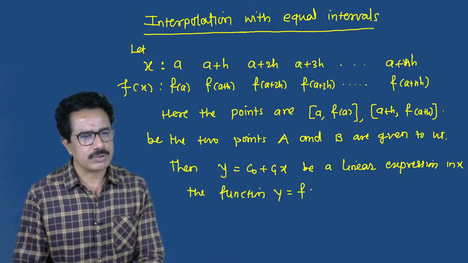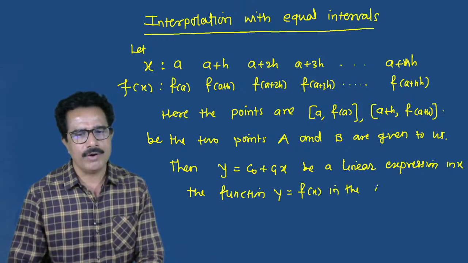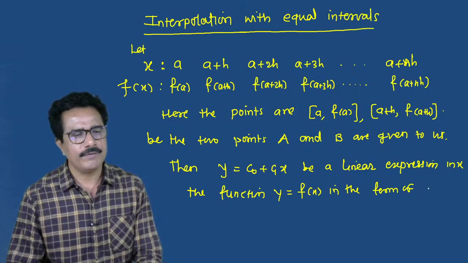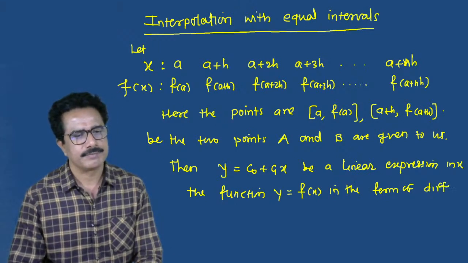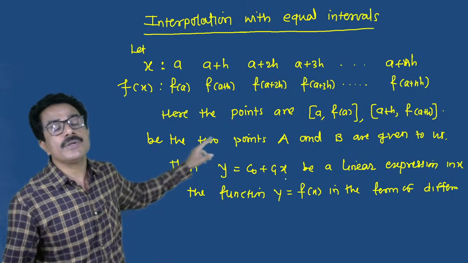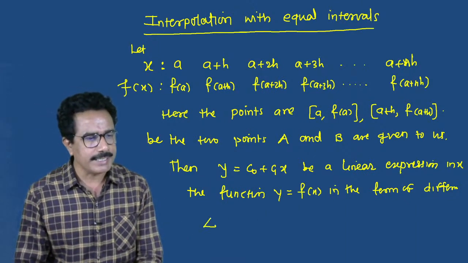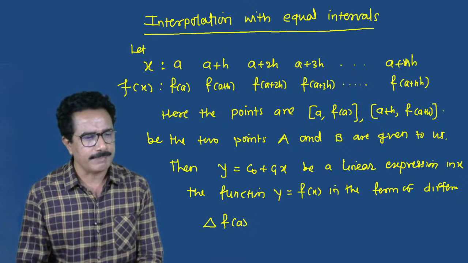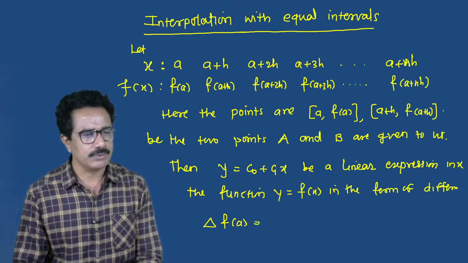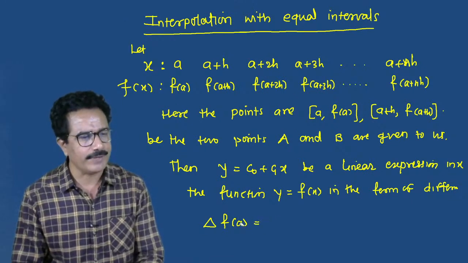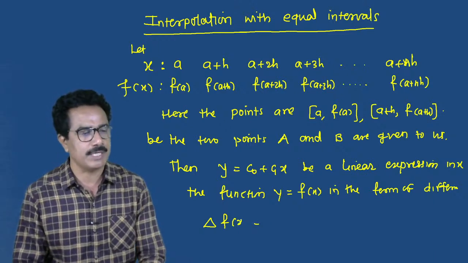Here C0 and C1 are constants. What is the formula, students?